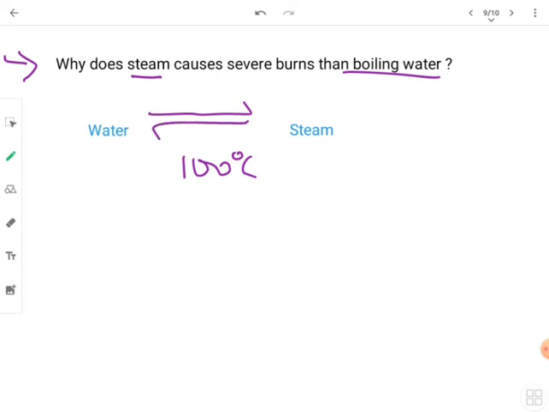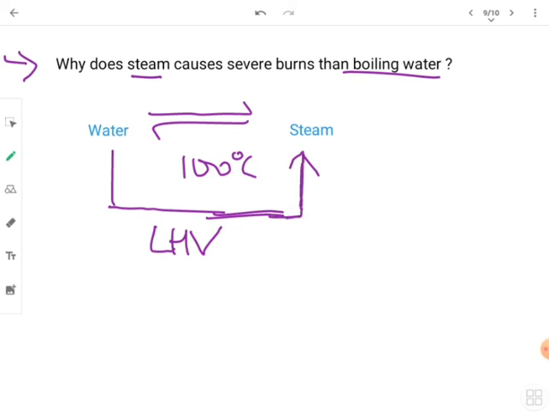That means some amount is there in the form of boiling water, some amount is there in the form of steam. Now what happens is, at 100 degrees Celsius, water is absorbing heat in the form of what? Latent heat of vaporization in order to overcome the forces of attraction, and it changes into steam.